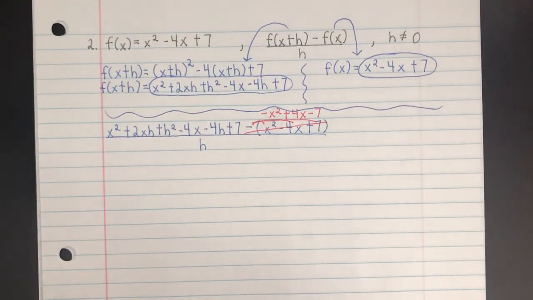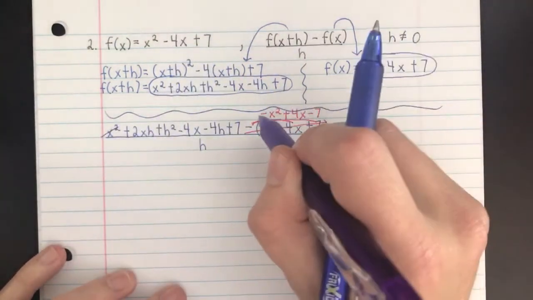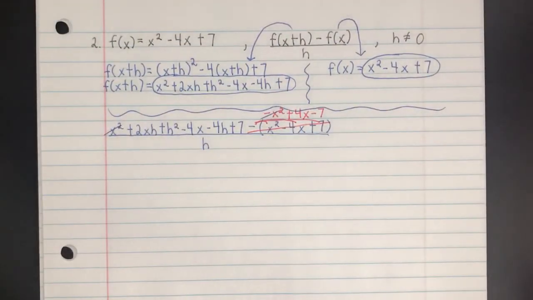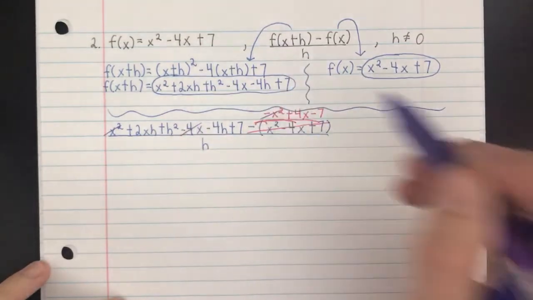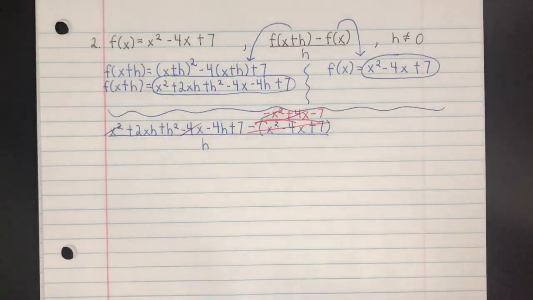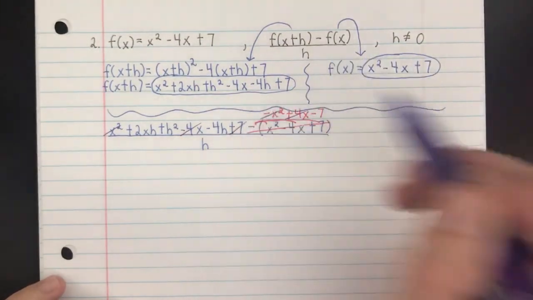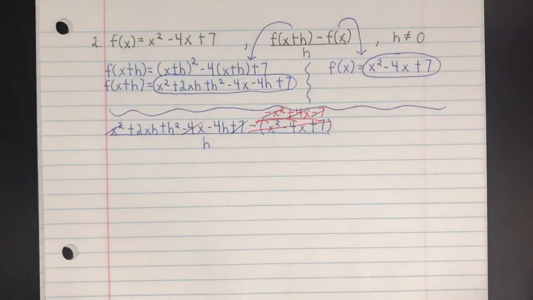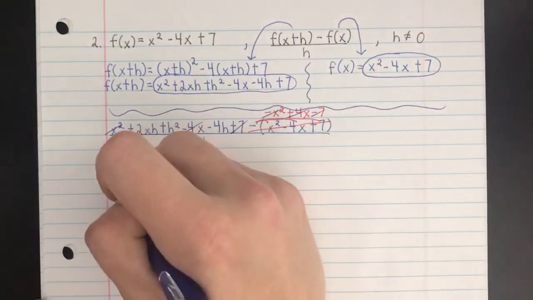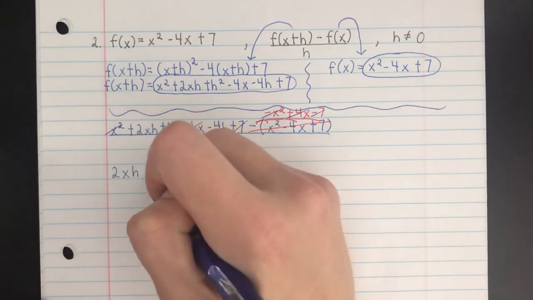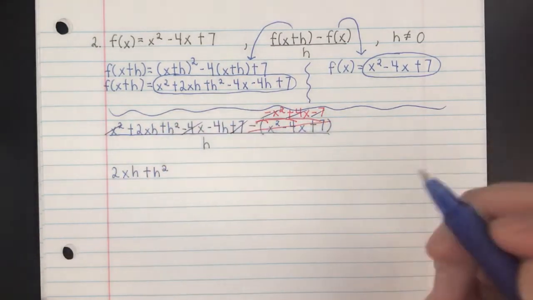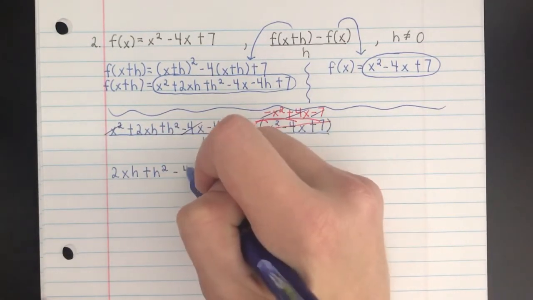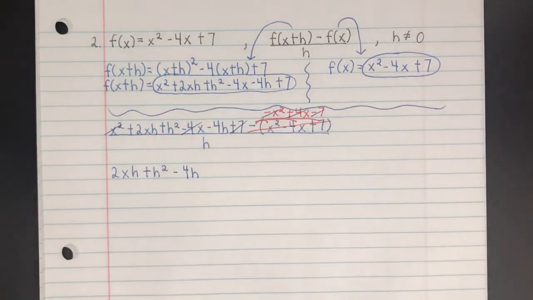I notice I have an x squared and a negative x squared. I notice I have a negative 4x and a positive 4x. And I notice that I have a plus 7 and a minus 7. So then what happens is I'm left with 2xh plus h squared minus 4h.